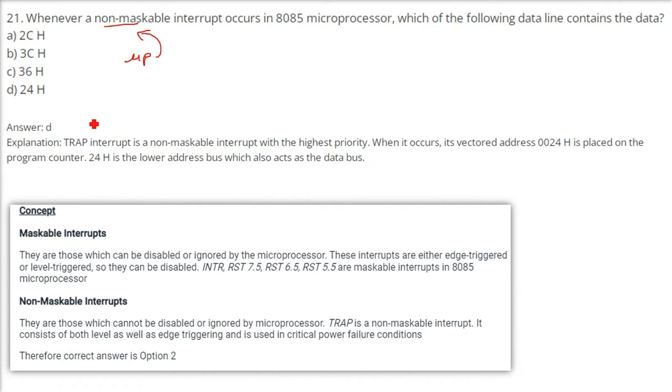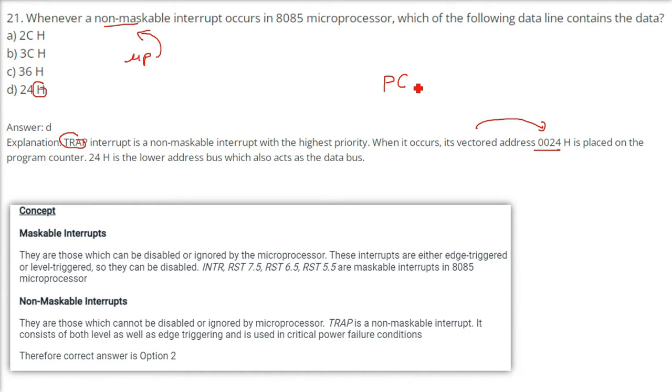So the answer here is D, because trap interrupt is a non-maskable interrupt and it has the highest priority among all. So when it happens, its vectored address is 0024, which is in hexadecimal. This is placed where? On the program counter. You know, the program counter always has the address of the next instruction to be executed.